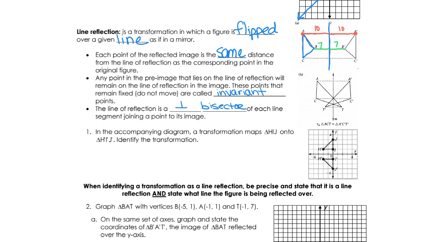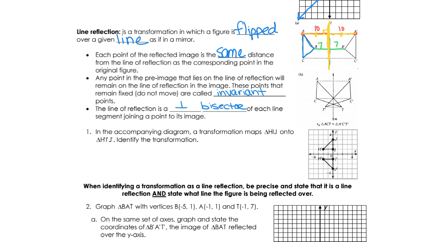If we go back up to look here, remember how we had this line of reflection here? And remember that this line segment connected A to A prime. Notice how that 10 is equal to that 10. So there's the bisector part. And the line of reflection is going to be perpendicular to that line segment. That's why they call it a perpendicular bisector.